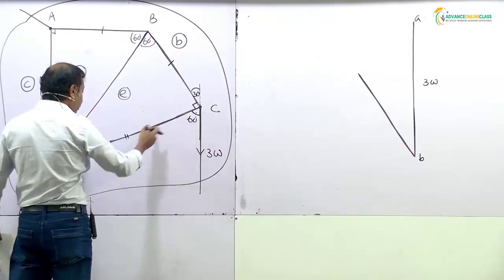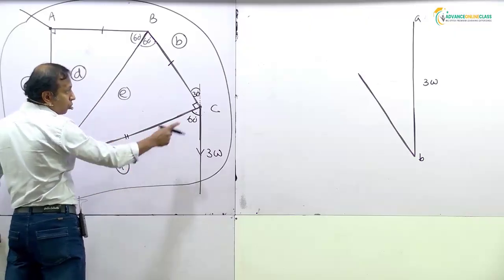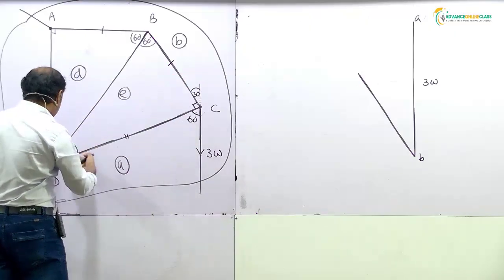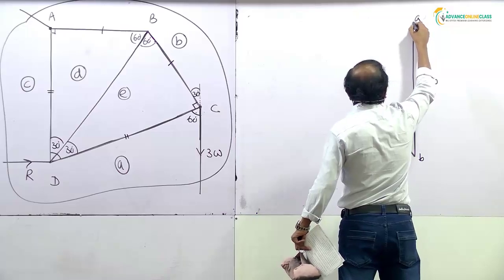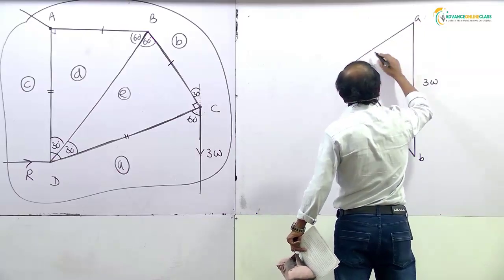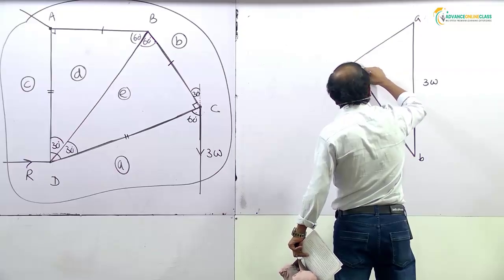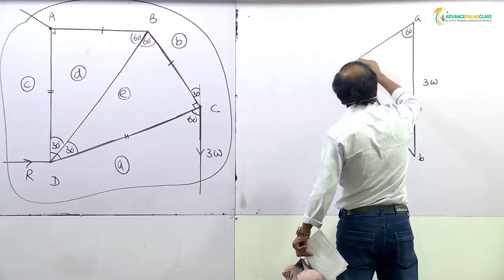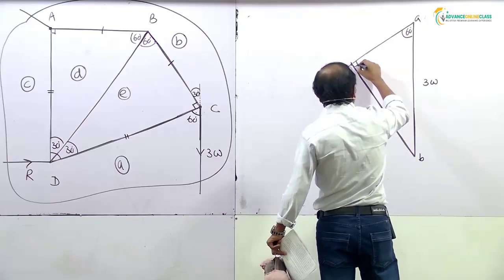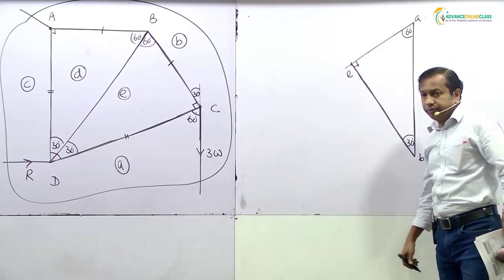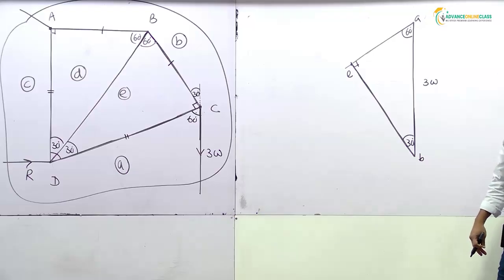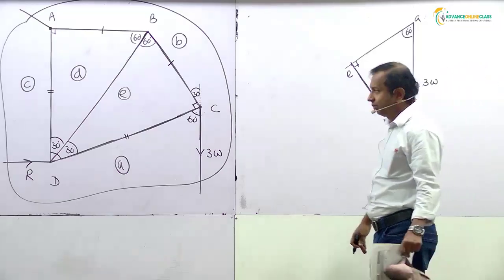EA should be parallel to this CD. That means through the point A, we must draw a line parallel to CD, making 60 with the vertical like this. Okay, this is 60. Then this point should be E. Here, therefore, this is 90, because we drew this as 30 with the vertical. Here, 90.